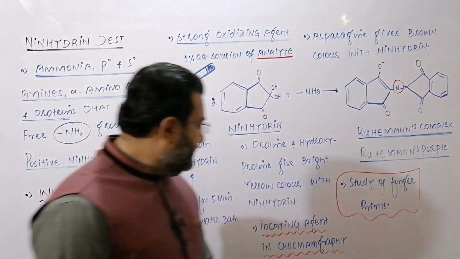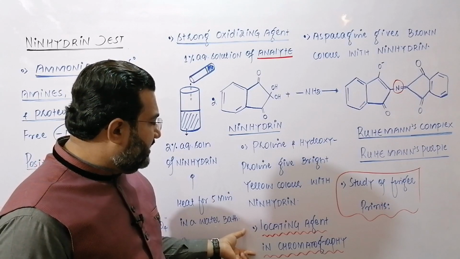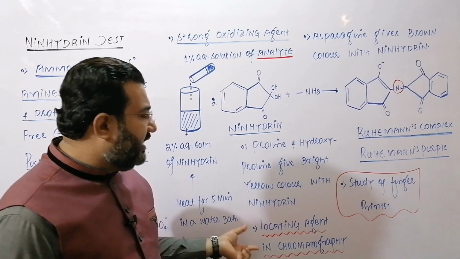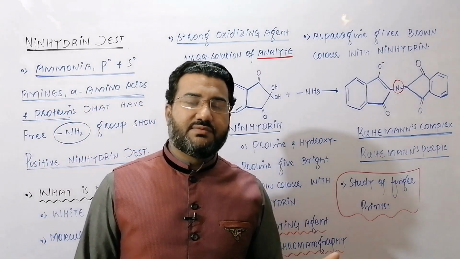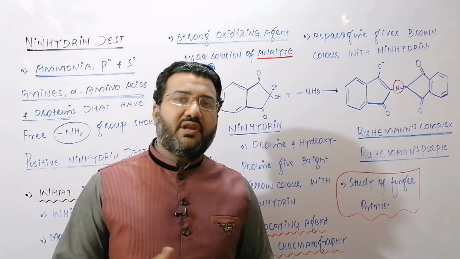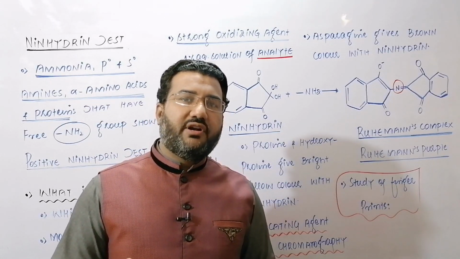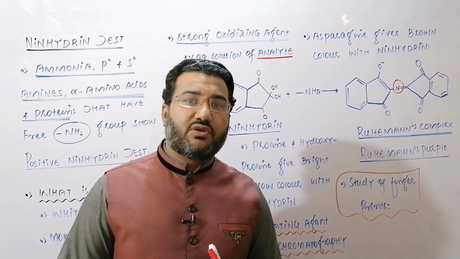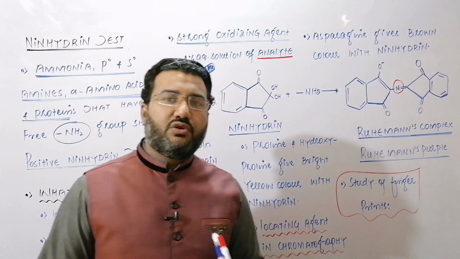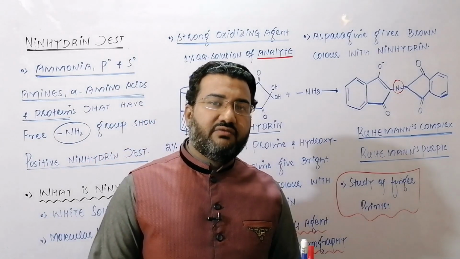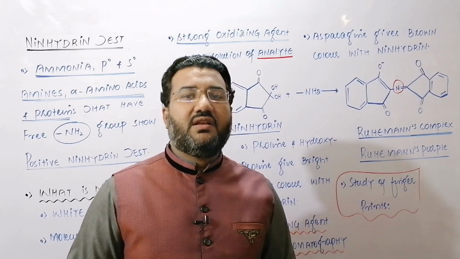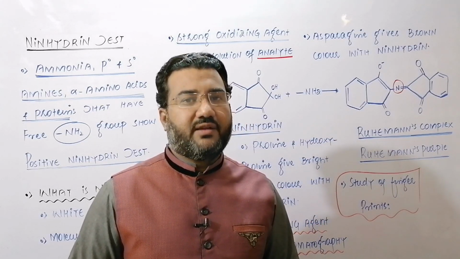Now, dear students, you know that ninhydrin solution is also used as a locating agent in paper chromatography especially. When you prepare a chromatogram, the amino acids on that chromatogram are not visible. So to make them visible, we spray the ninhydrin solution on the chromatogram.